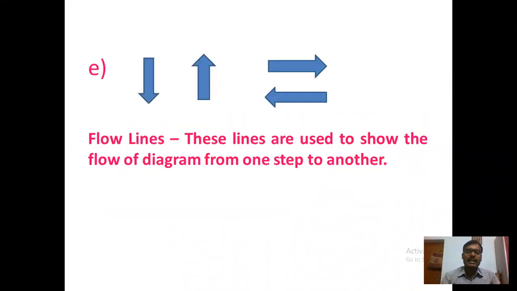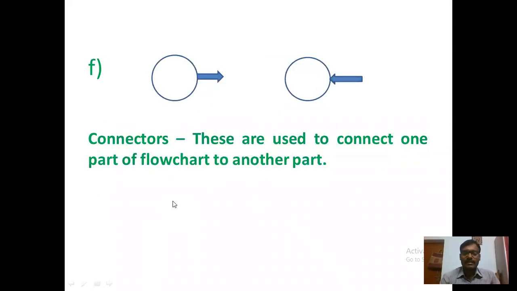Now these lines are known as flow lines. They can be in all four directions, in any direction. These lines are used to show the flow of the diagram from one step to another. Now coming to the last symbol, which is known as the connector.